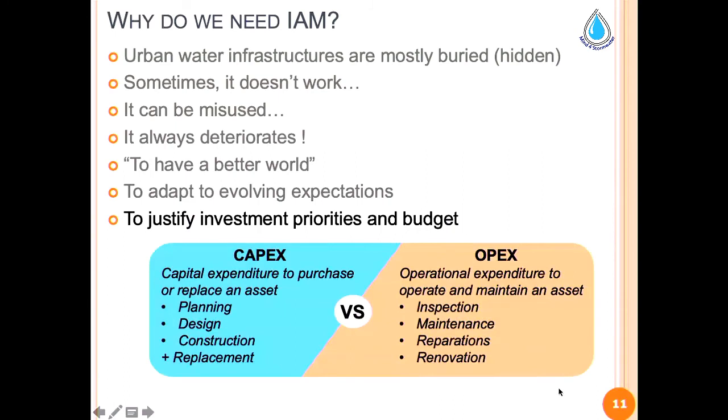The last point, maybe not so important for you, but it's very important for utilities. When you start to have a method and you can explain why you are doing this action on your infrastructure, why you go to inspect, why you go to maintain, why you have to rehabilitate, and how many assets you need to inspect, maintain, and rehabilitate, you will be able to justify the money that you need to maintain this infrastructure.